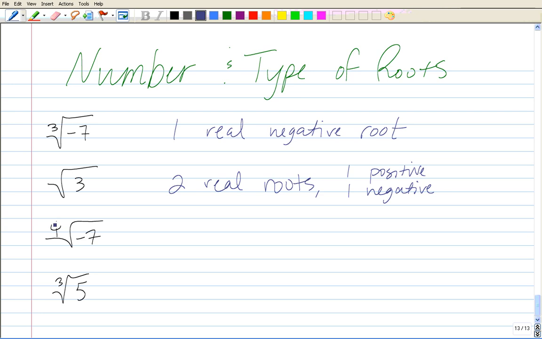The next one we have the 4th root of negative 7. So if we have an even index of a negative number, that means we will have 2 complex roots, that just means not real.